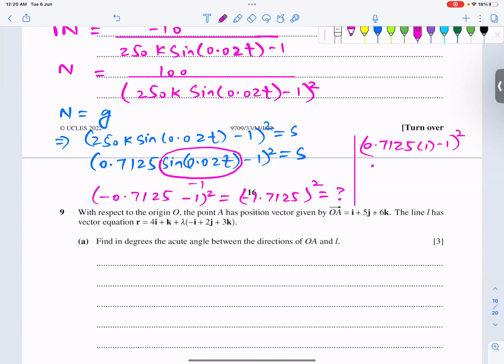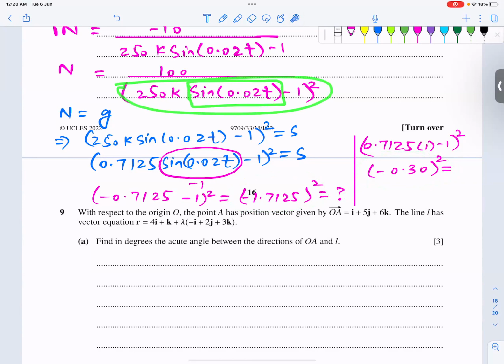So this will be negative 0.3, let's say 0, then square. So the answer for this value is actually smaller as compared to this one. Okay. So our target was to make the denominator the smallest. But here we have two choices. Either we can put sin(0.02t) as 1 or as minus 1.